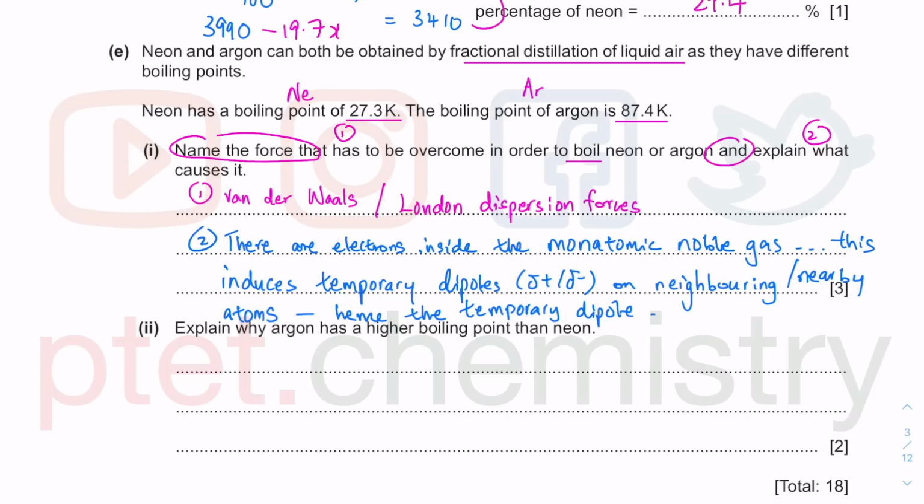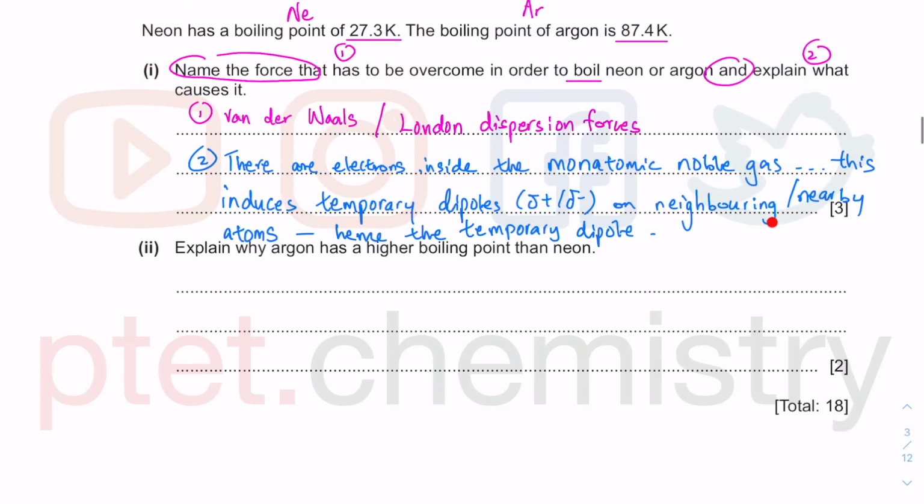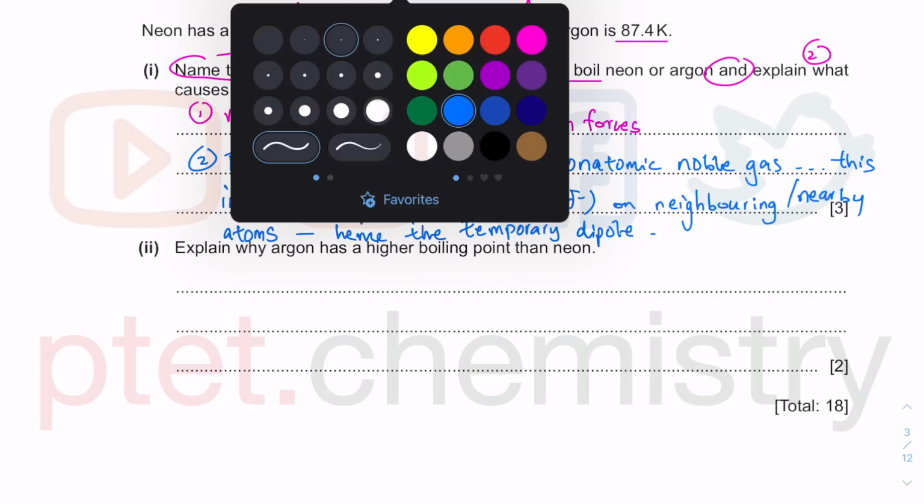In these cases, they are not static. The electrons are always moving, and as they move around, they can create or induce temporary dipoles on the neighboring or nearby atoms. Last but not least, you also have argon.